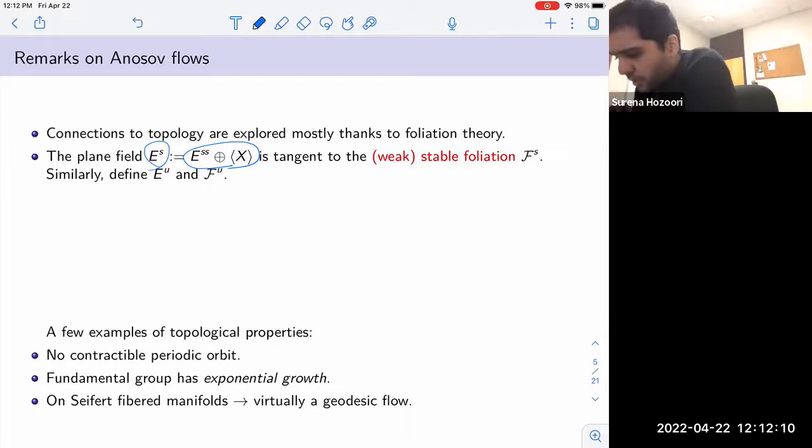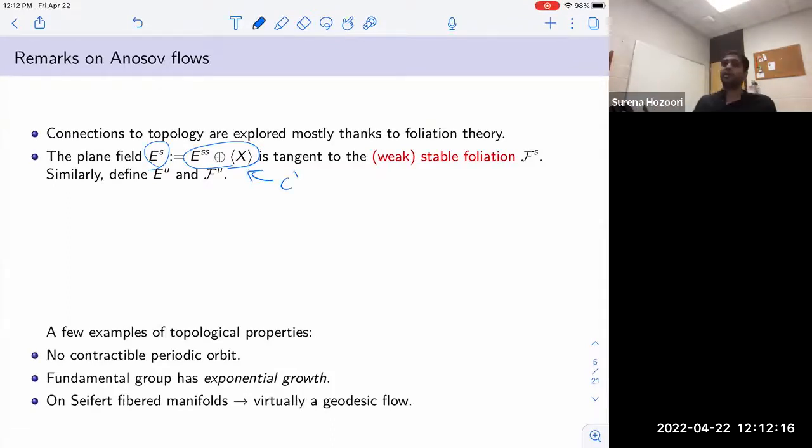And it took more than 30 years to show that these plane fields are in fact C^1, which is something that I will use. I want to emphasize that it's really not trivial that these plane fields are C^1, but that's a feature that will definitely help us as we go towards contact and symplectic geometry, where we expect the objects to have at least some regularity.